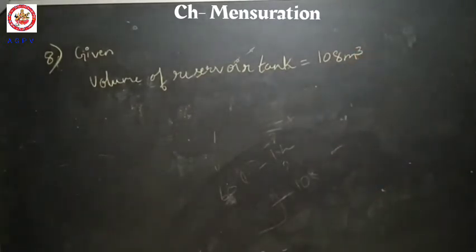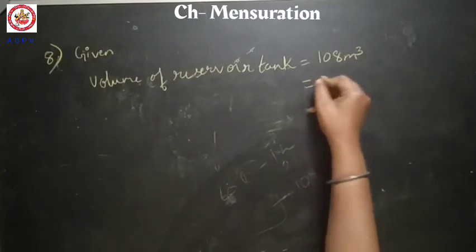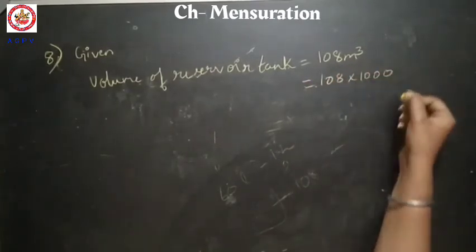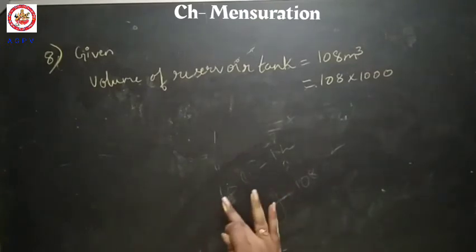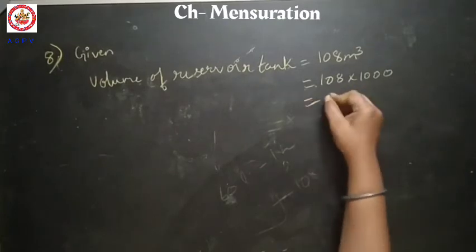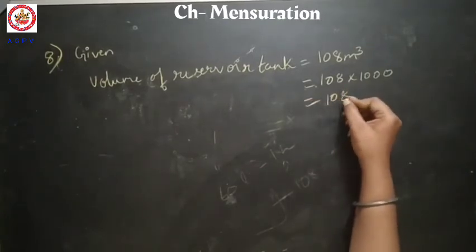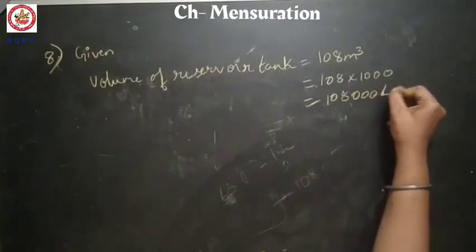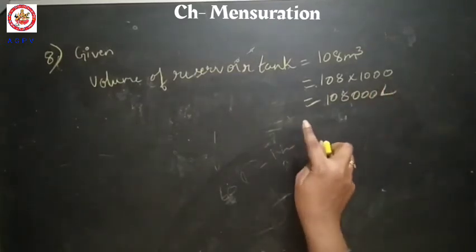So we have to convert this one into liters, then we have to multiply this one with 1000, right? Like the previous problem we saw, 1 meter cube is equal to 1000 liters. In the same manner we have to multiply this one. So if we multiply this one, we will be getting 108,000 liters, right? So this is the volume of the reservoir.